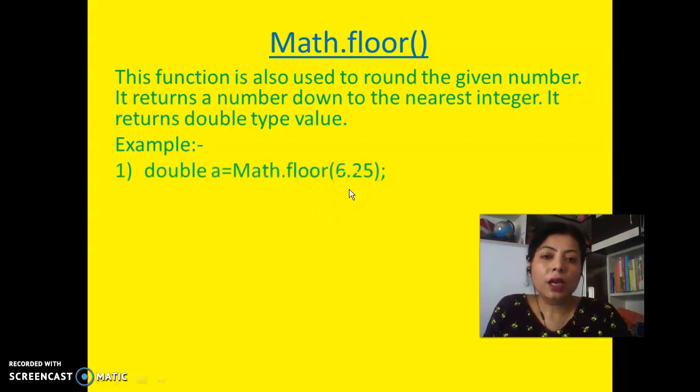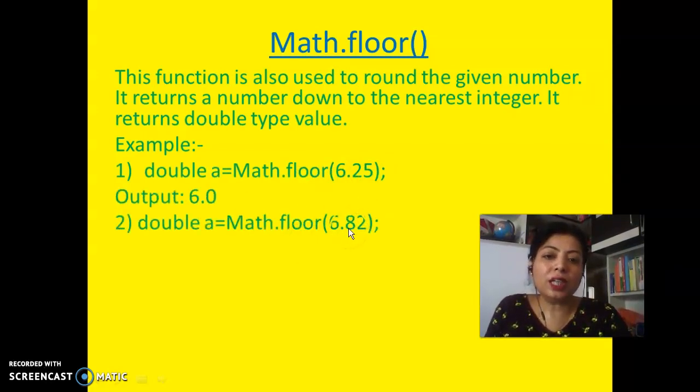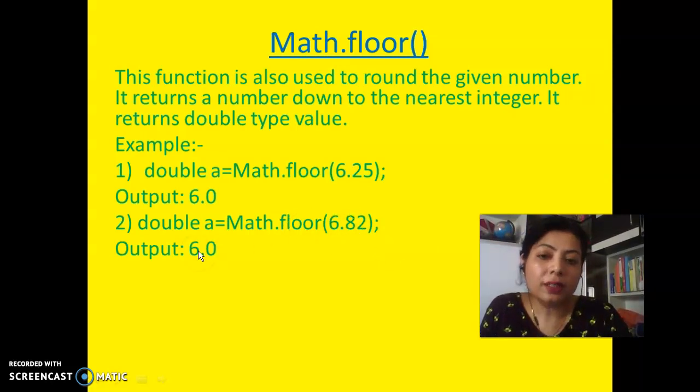If it is 6.25, then obviously it is 6. If it is 6.82, then according to rint and round, it must be 7. But when it is floor, it is also 6.